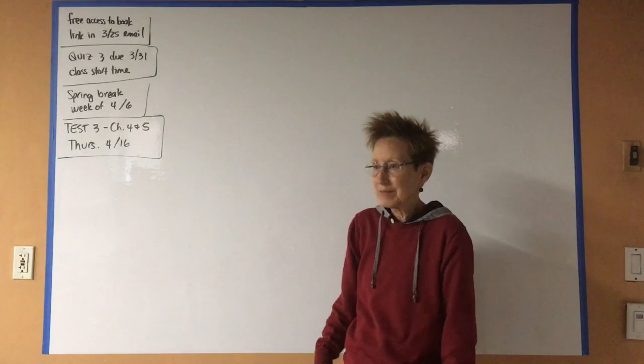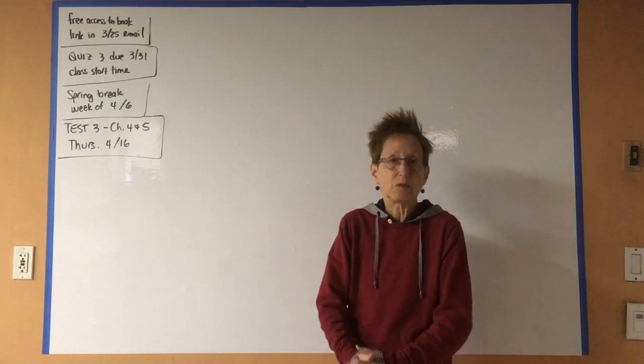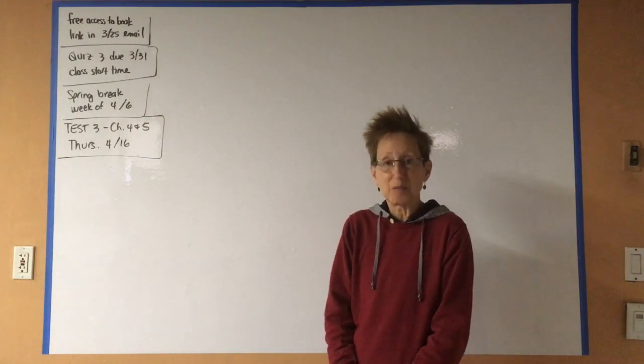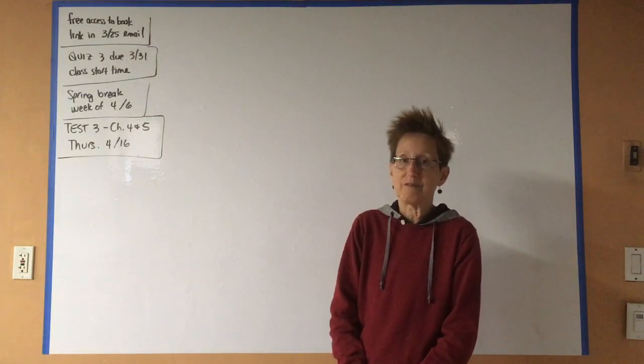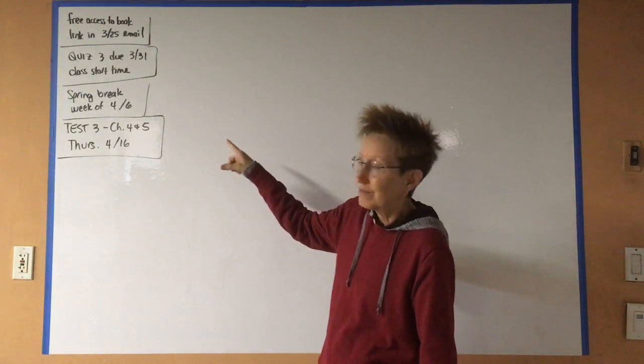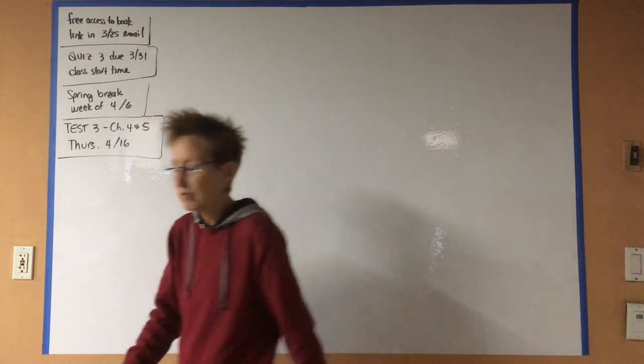As you know, we had some tedious graphing to do in 5.1 and 5.2. We're going to continue that and have some more tedious graphing to do in 5.3 and 5.4. So let me get rid of these announcements and then we'll start with 5.3 and 5.4.